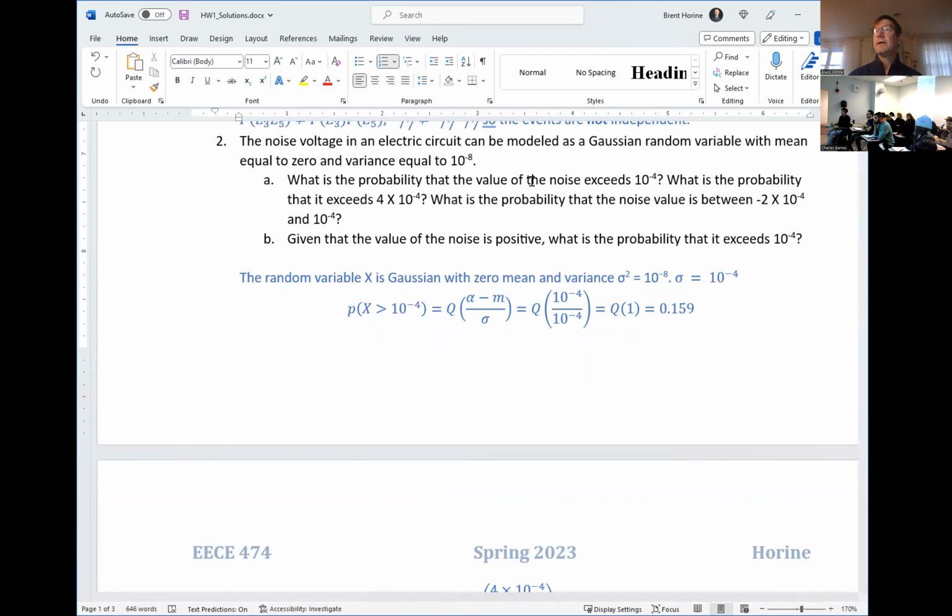That's handy, and variance equal to 10 to the -8. So that's sigma squared, right? Sigma squared is equal to 10 to the -8. That means sigma is the square root of that, or 10 to the -4. And so now, what is the probability that the value of the noise exceeds 10 to the -4?